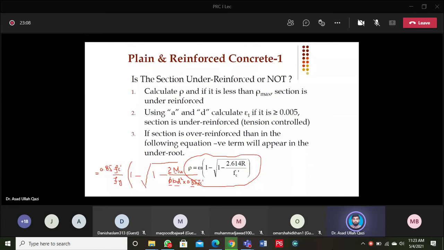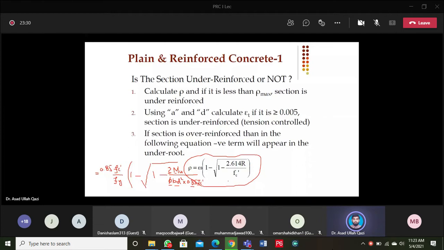So in this way the final shape will be that you are getting under the root 1 minus 2.614 R over fc prime. So this equation we are going to use quite frequently to design the cross sections.